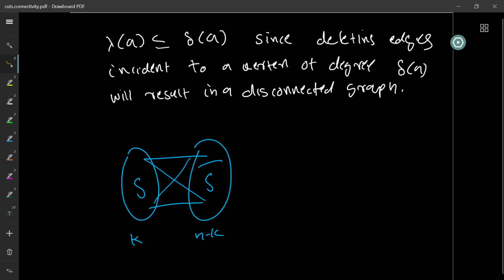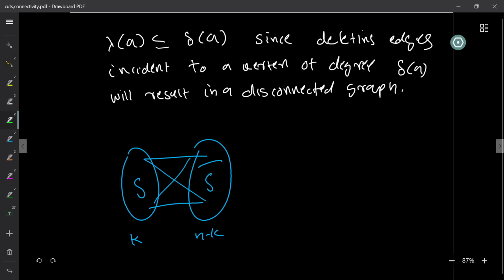Now take any edge cut and see how many edges there are in between. One possibility is that all possible edges are there, that there is a complete bipartite graph sitting between S and S complement.